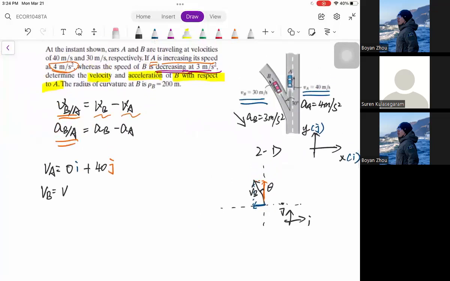So VB is equal to negative VB sine theta in the I direction. The negative sign here means the direction is pointing to the left. And we also do the same thing for the J direction.